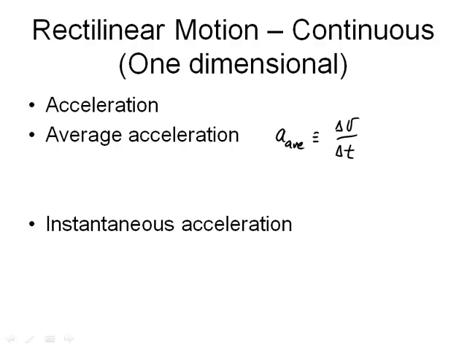So if we think about the movement from me going from the right side of the room to the left side of the room, what did we talk about? We said I was moving to the left at -2 meters per second, and then I had to turn around and move to the right, and now I'm moving to the right at 1 meter per second. So my change in velocity would be the final velocity, 1 meter per second, minus -2 meters per second.